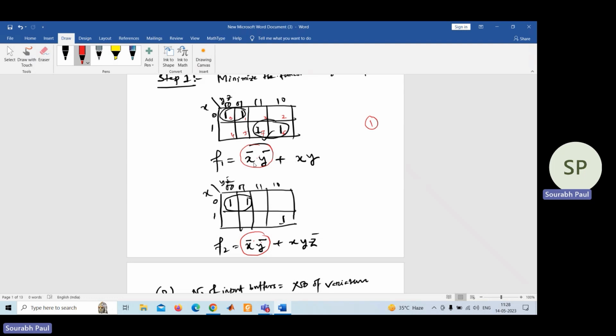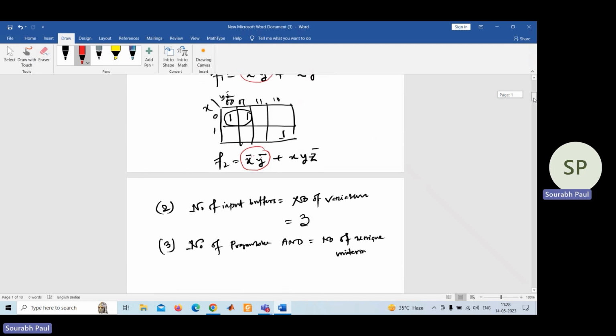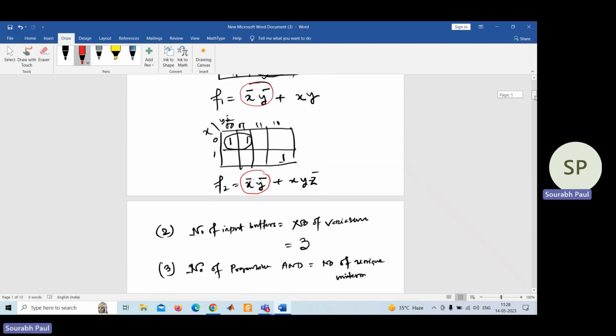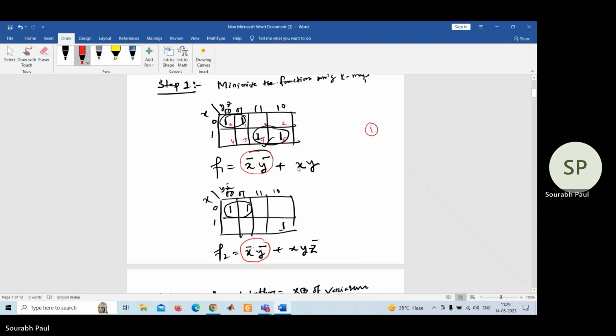If we consider the unique condition, the number of programmable AND gates is equal to the number of unique minterms. Here it is 1, here it is 1, and this one coming 2 times will be considered as 1. So it means that 3 unique terms are there.